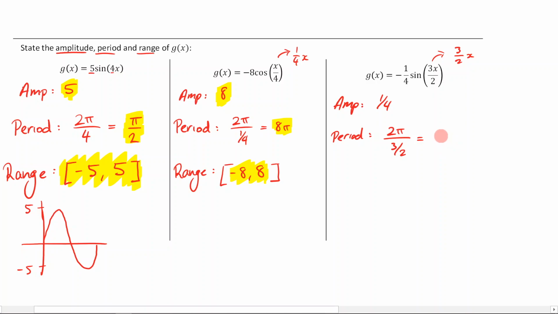And this is going to end up being 4 pi on 3. What I remember is you just take this one and you multiply it with the top one. And then our range is going to be -1 on 4 to 1 on 4. And those are our answers. 1 on 4 is our amplitude, 4 pi on 3 here, and then -1/4 to 1/4.